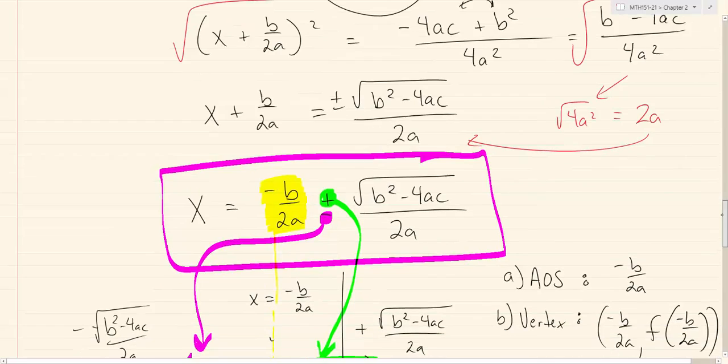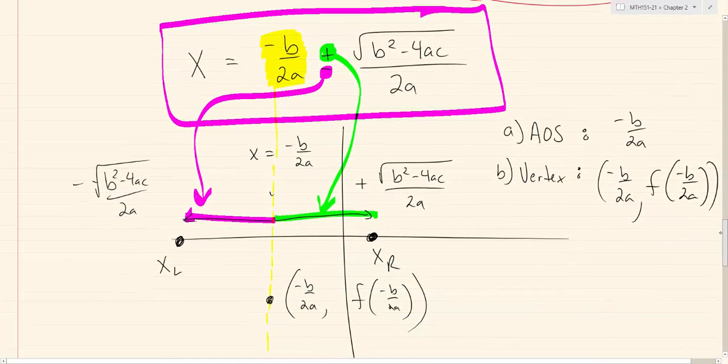Oh, okay, a lot of algebra. And then out pops the quadratic formula. But it's not enough just to memorize the quadratic formula. You have to be able to interpret it and understand what the graph means. So the opposite of b over 2a is your axis of symmetry. It's the yellow line right down the middle here. Plus root blah, blah, blah is the green segment, and minus root blah, blah, blah is the purple segment going the other way.